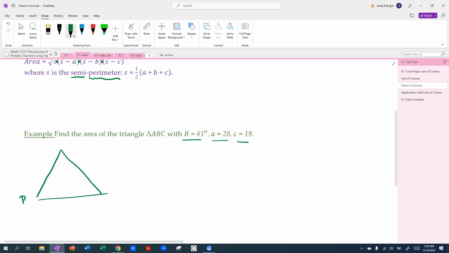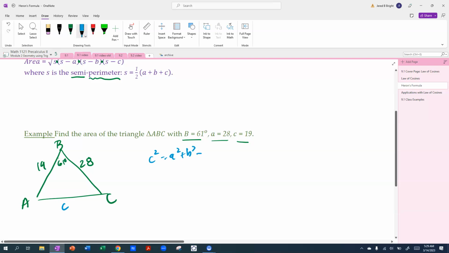So, A, B, C, and then we have 61 degrees and 28 and 19. Our first task is, of course, to find C. We did C squared is equal to A squared plus B squared minus 2AB cosine C, and we went through and showed that this was 25.1.